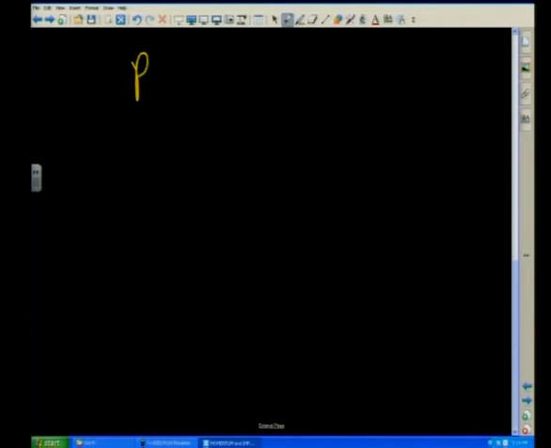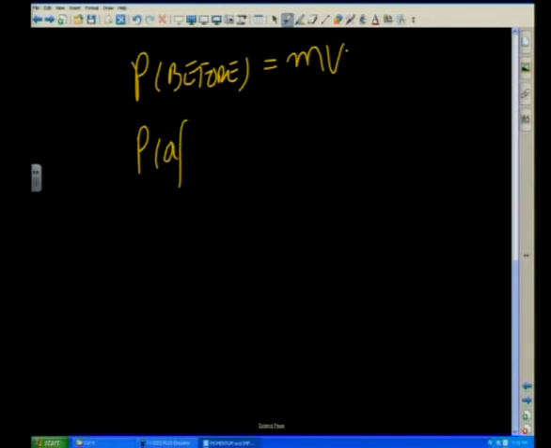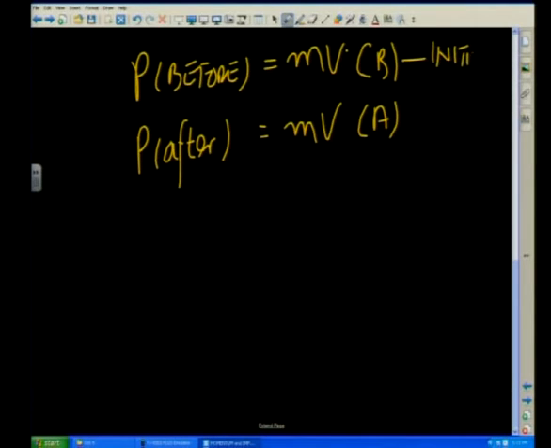So if my momentum before equals mv, and my momentum after also equals mv, okay? That's momentum before and momentum after, or what a lot of people like to say, momentum initial and momentum final.